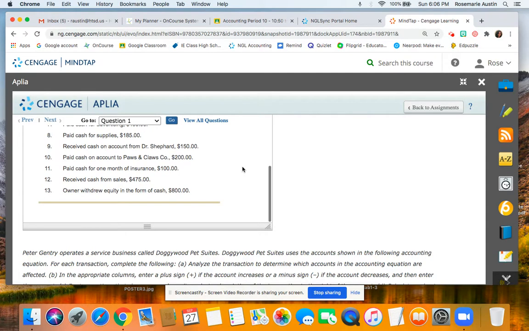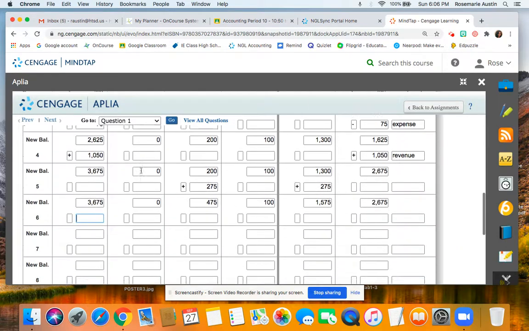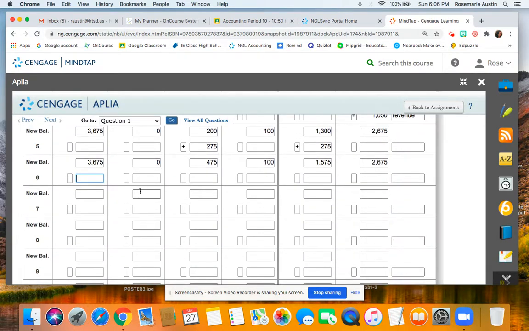All right, so 275, and this is the account receivable Dr. Shepard column. That's going to go up plus 275. You didn't owe him anything before, but now you do. And now owner's equity is going to increase by 275. And that's revenue. Okay. All right. New balance. Cash was not affected, 3675.